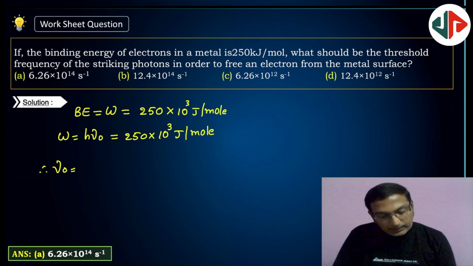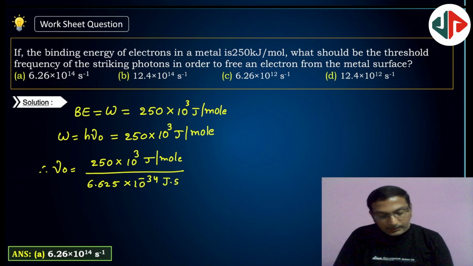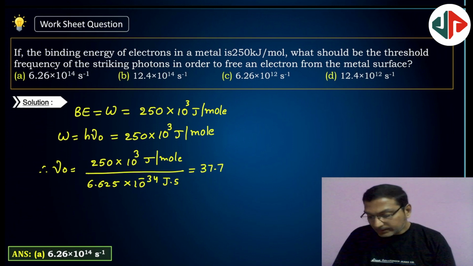Therefore, nu naught equals 250 into 10 cube joules per mole divided by h value, we know 6.625 into 10 power minus 34 joule second. We'll get this value as 37.7 into 10 power 37 second inverse per mole for 1 mole of electrons.